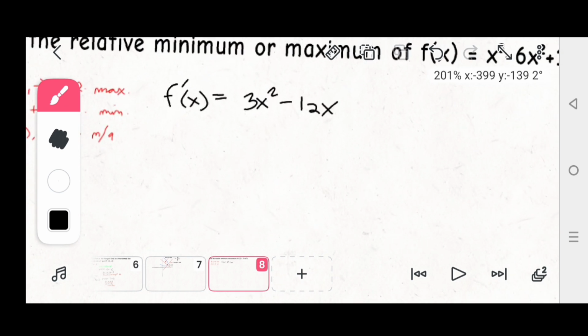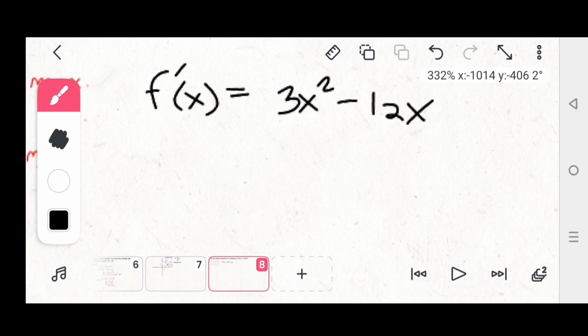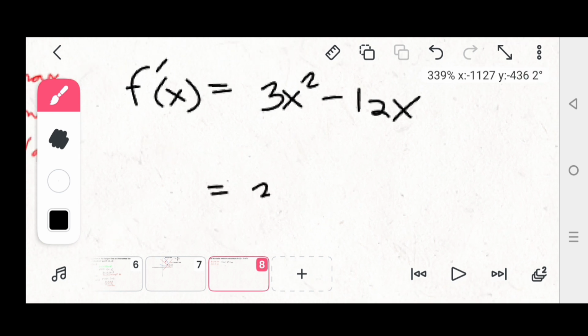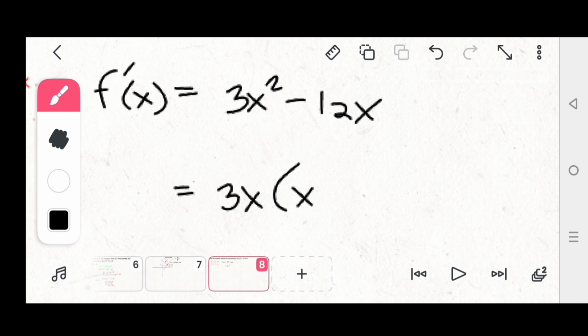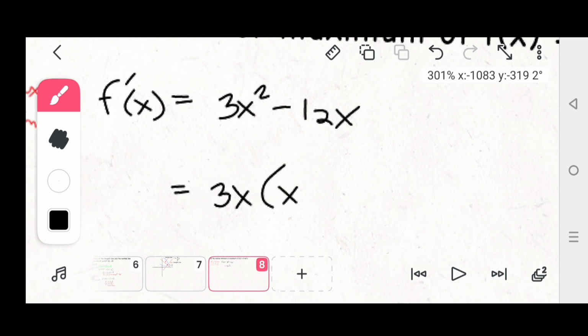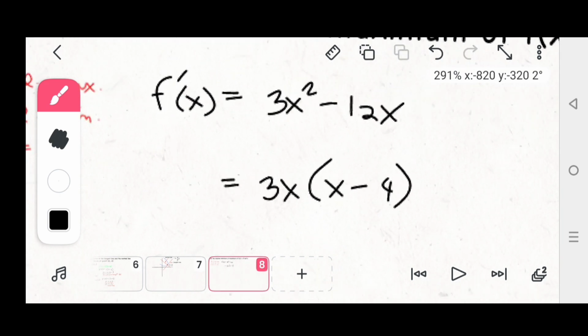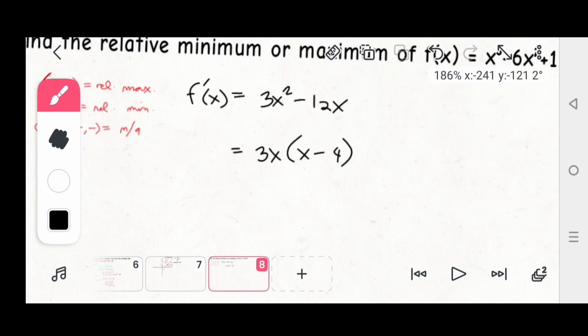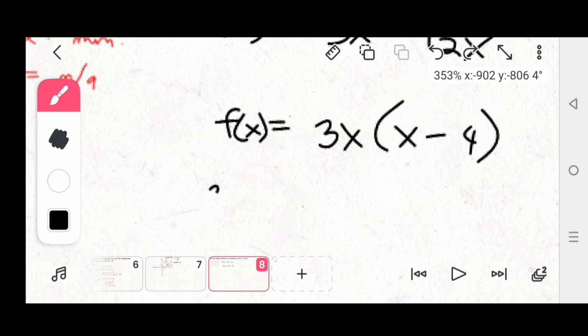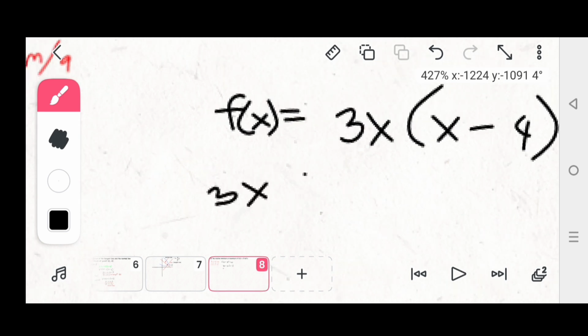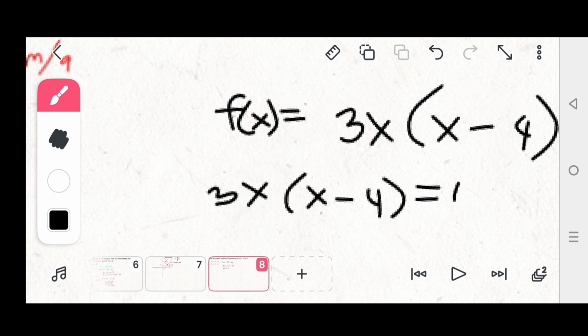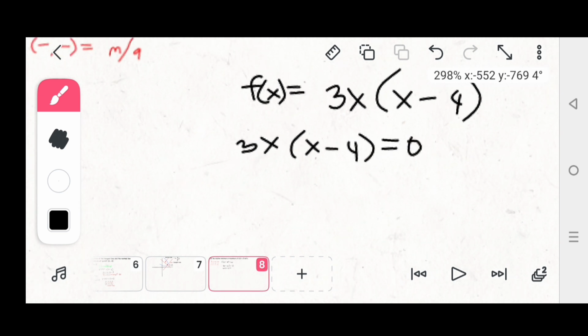You can see that we can factor out 3x times x minus 4, and now we need to set it equal to 0 to find the critical values.